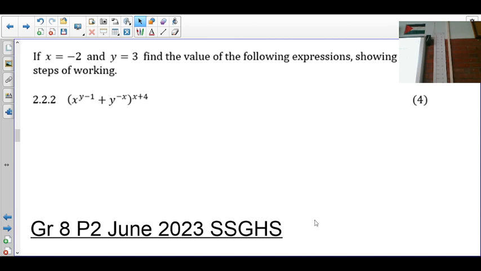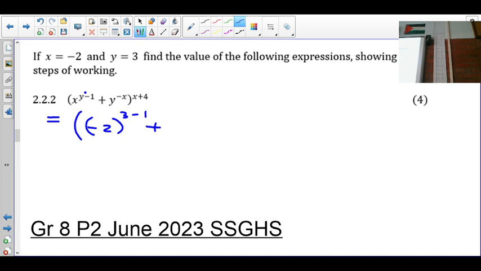2.2, again, x is negative 2. So open a bracket, negative 2, to the exponent, what is y? 3 minus 1. Plus y, which is 3, to the, you see this negative here, is that negative there? And x is negative 2, close bracket. X is negative 2 plus 4.